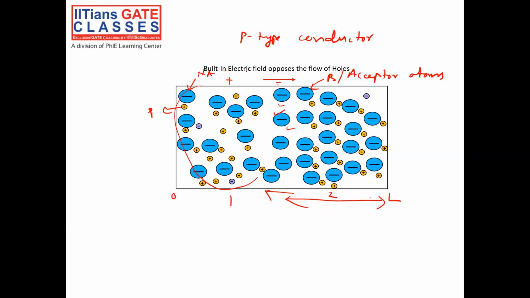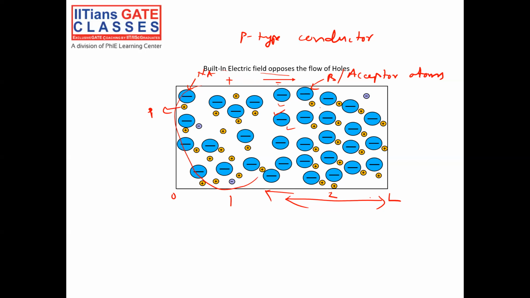This electric field is created inside because of the charge separation. This electric field will try to oppose the further motion of holes from region 2 to region 1. But initially the opposition force due to the electric field is less compared to the concentration gradient force.